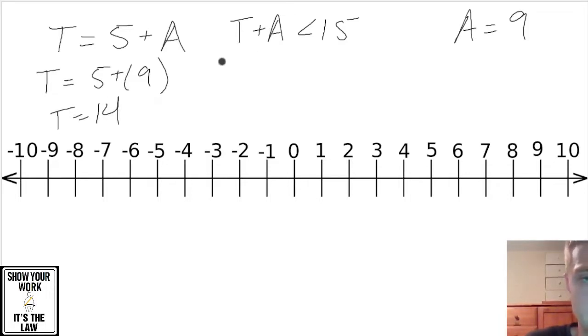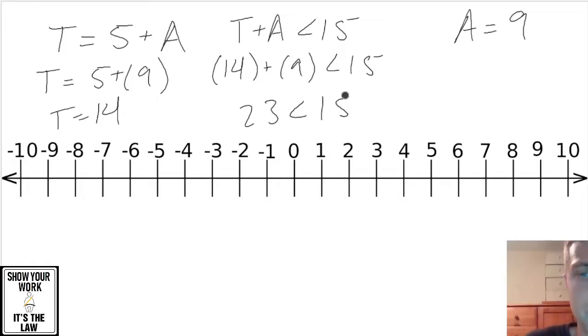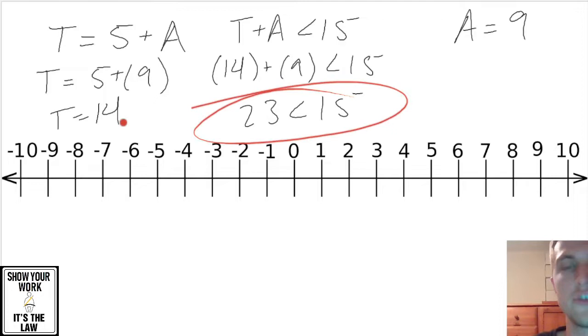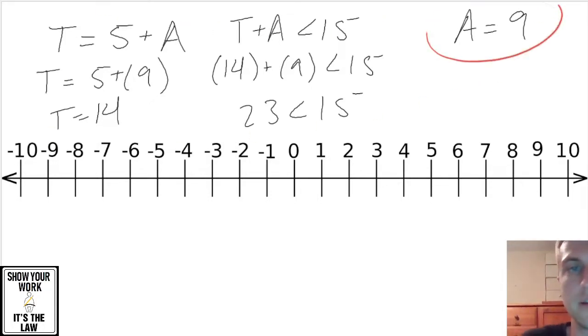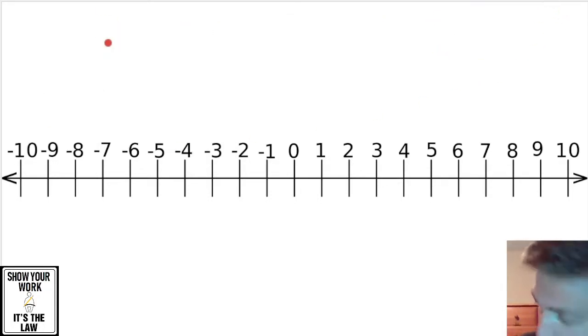Okay, now let's substitute 14, and Anne is 9. Is that less than 15? No, that's 23. So to answer your question, no, Anne could not be 9, because it wouldn't make our statement true. It's not a solution because it doesn't make it true. That's what it means to be a solution. Is the statement gonna be true? And all we did here was just substitute the value they gave us.